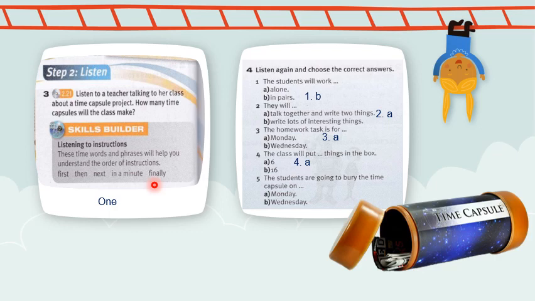Finally, in Wednesday's lesson, we'll bury our time capsule. That will be something else for you to think about. The best place to bury our time capsule. But don't worry about that at the moment. Okay, now, you've got 15 minutes to talk about and decide on your 2 things. You can make notes if you want, but you don't have to.